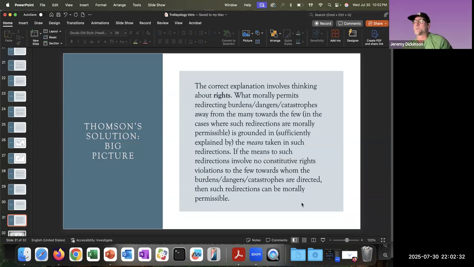And so Thomson backs off of this idea that she develops in the early part of her paper, where she says, "Oh, Foot's response to the trolley problem is wrong because of the bystander switch case."